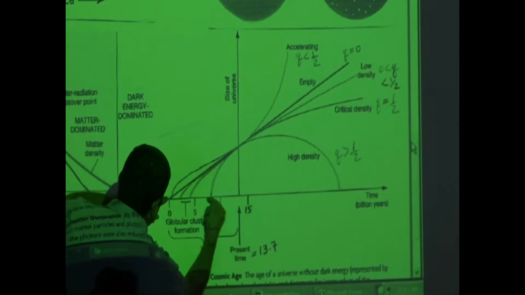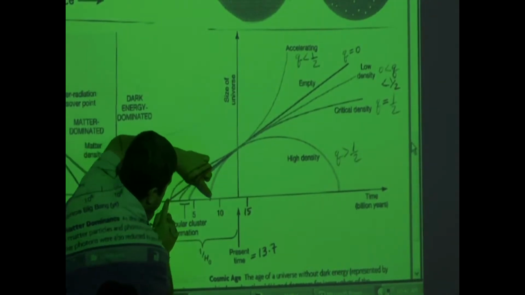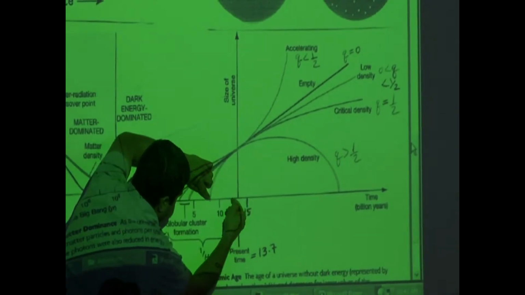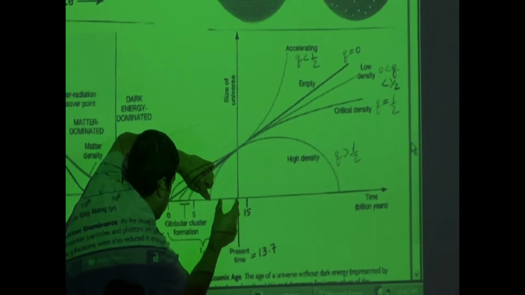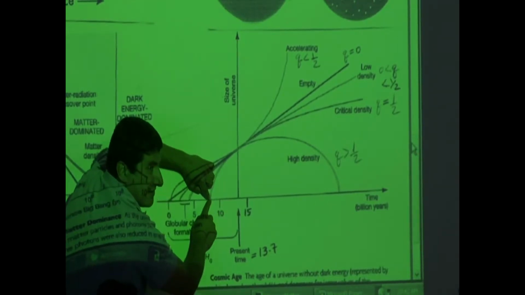So from here to here is 13.7. If this model of the universe is correct, the universe began about, let's see, this is 3 and about 2 or 4. So maybe the universe began about 5-6 billion years ago.